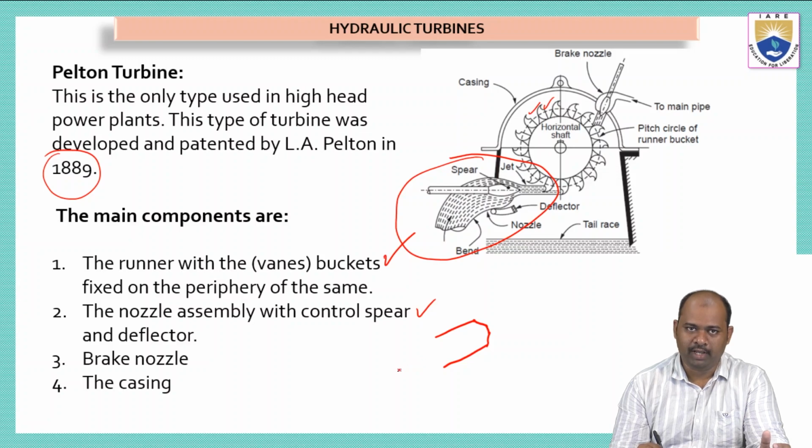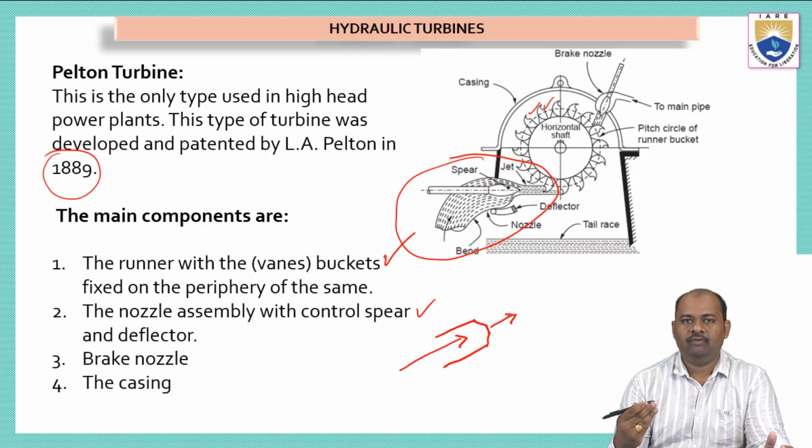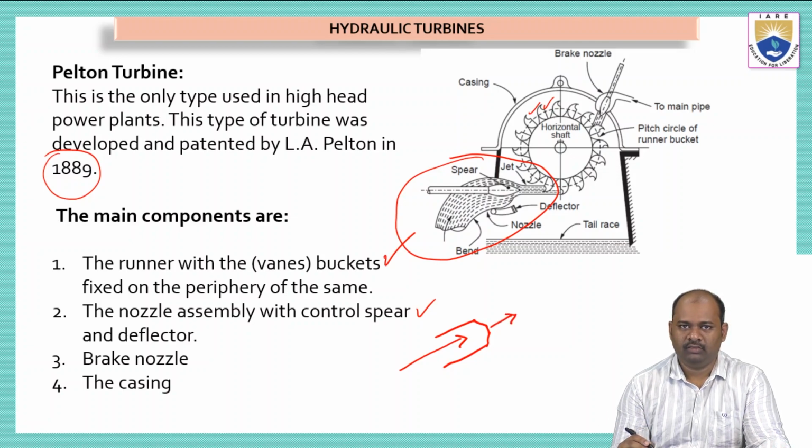This is a pipe whose cross-sectional area is decreasing. When the water passes through this nozzle hole, it comes out at a faster speed. The velocity of the water will increase. So, in order to give the water more pressure or velocity, we use this nozzle.